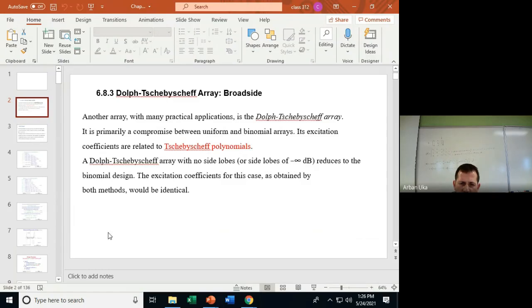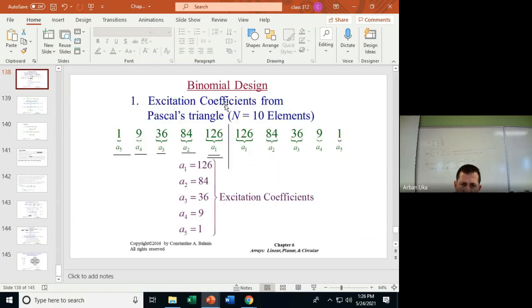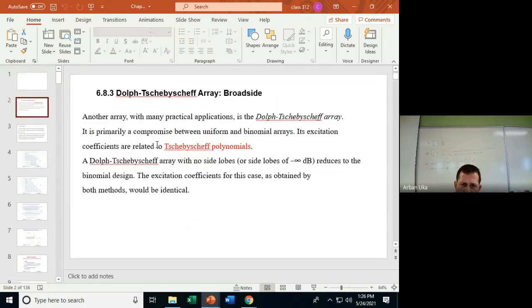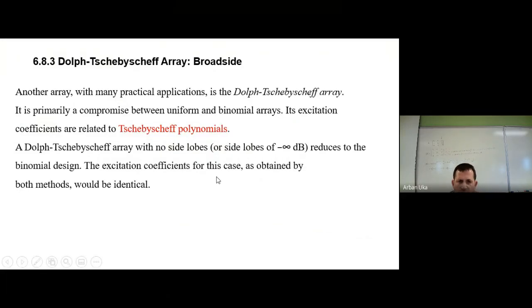Now, so far, we discussed the calculation of the excitation terms using binomial distribution. Okay, so that's what we were dealing with. Now we're going to use a different type of approach, which is the Chebyshev polynomials. That's the mathematical tool that is going to be used.